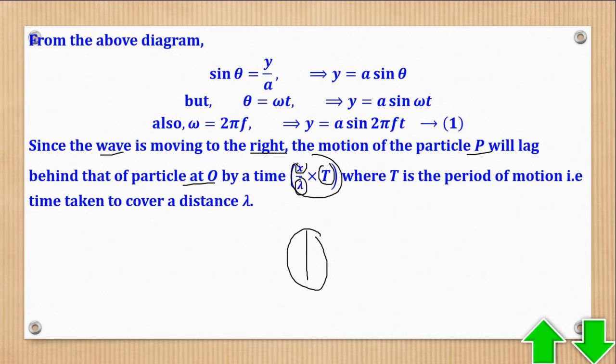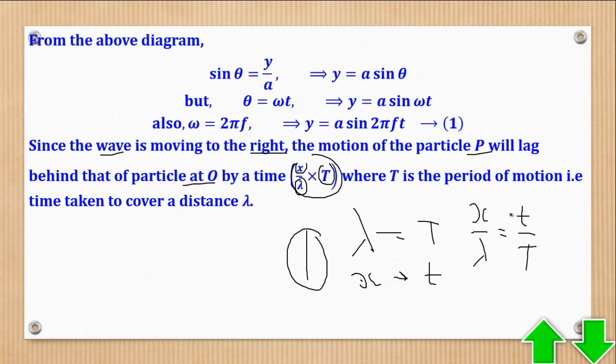So a fraction, time taken to cover a fraction of this cycle, that is where this comes from, x over lambda times T. Because if lambda is for a complete cycle, then x is for t, it implies that x over lambda is equal to t over capital T.